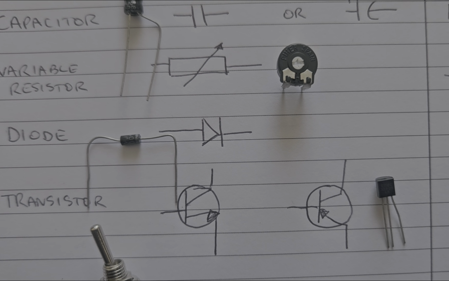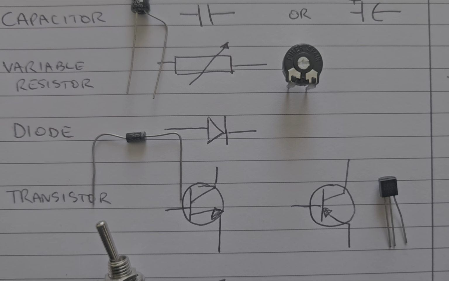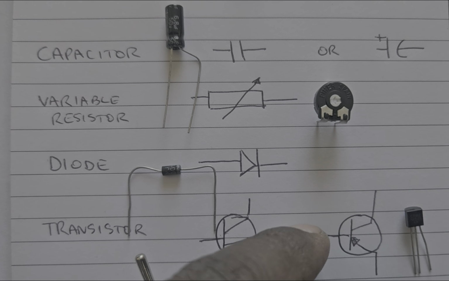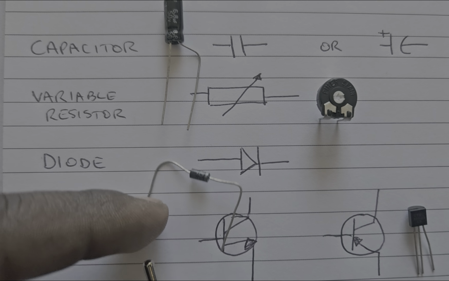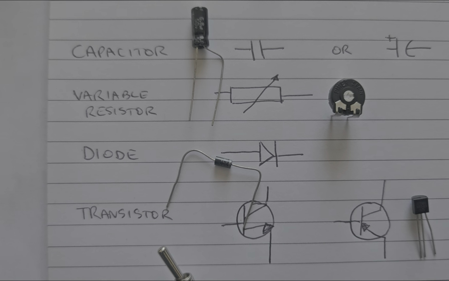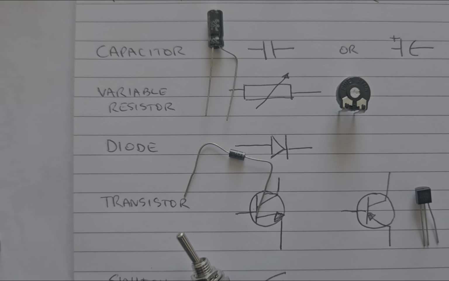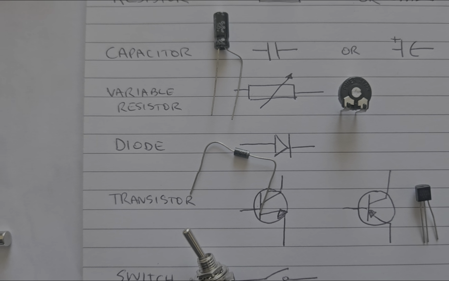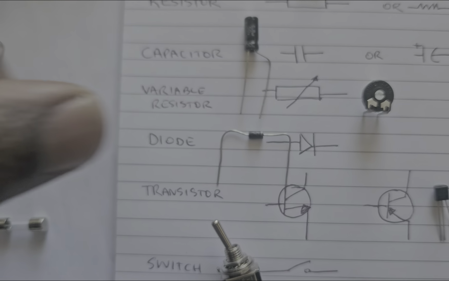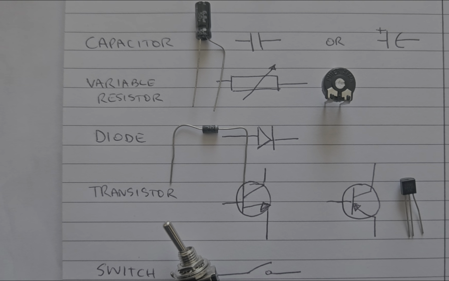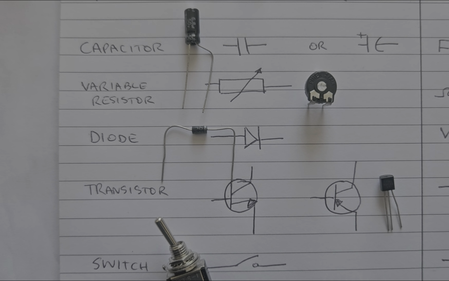Each has its function, but it works as a switch. When the base is biased in a certain way, it allows current to flow, and when it is not biased, it doesn't allow current flow. So basically it's like a switch, but it's an electronic switch.